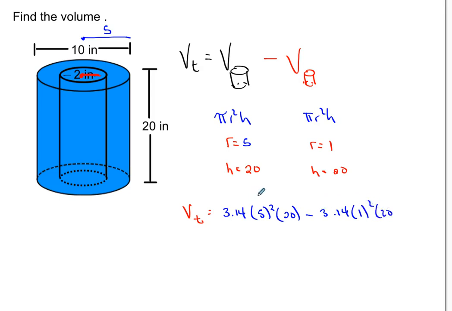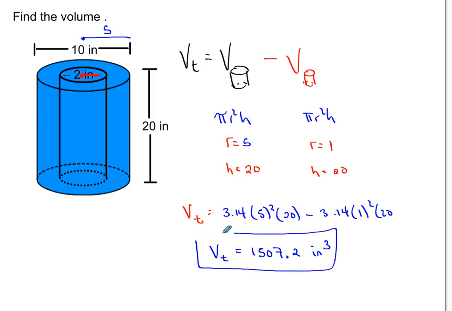So I got 3.14 times 5 squared times 20, minus 3.14 times 1 squared times 20, and this is going to give me a total volume of 1,507.2 inches cubed, since we're talking about volume.